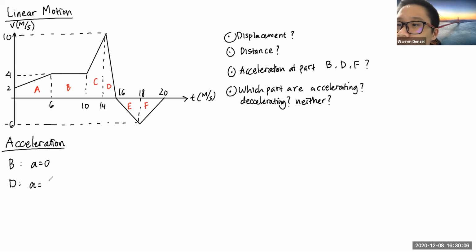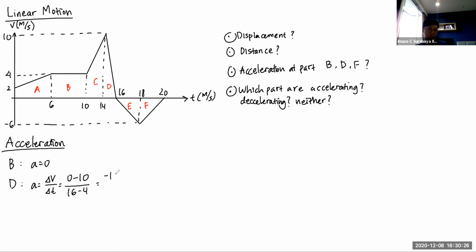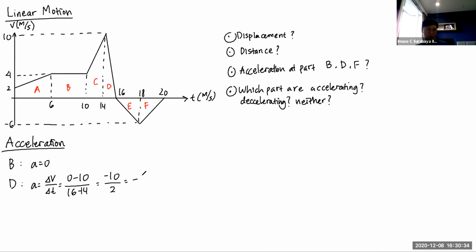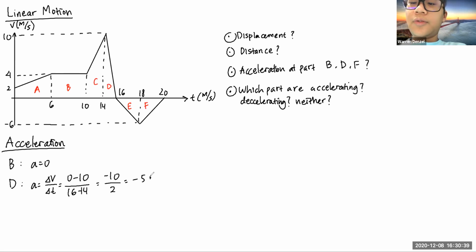Acceleration equals 0 minus 10 divided by 2. So that is minus 5. Unit: 5 meters per second squared.